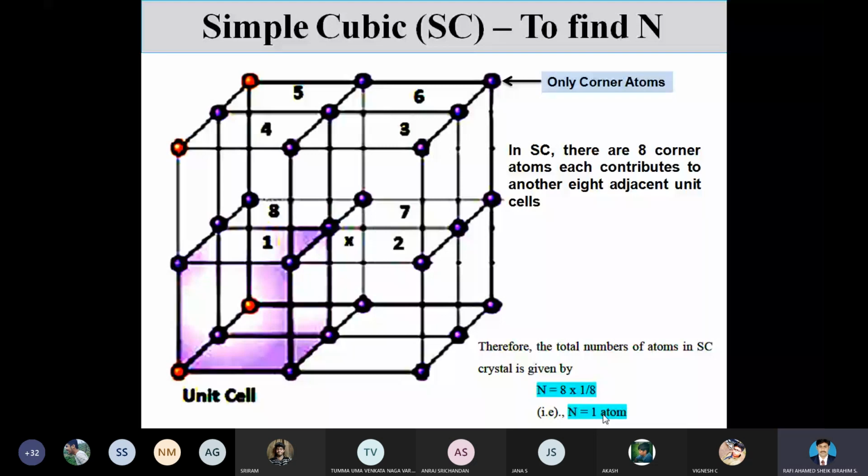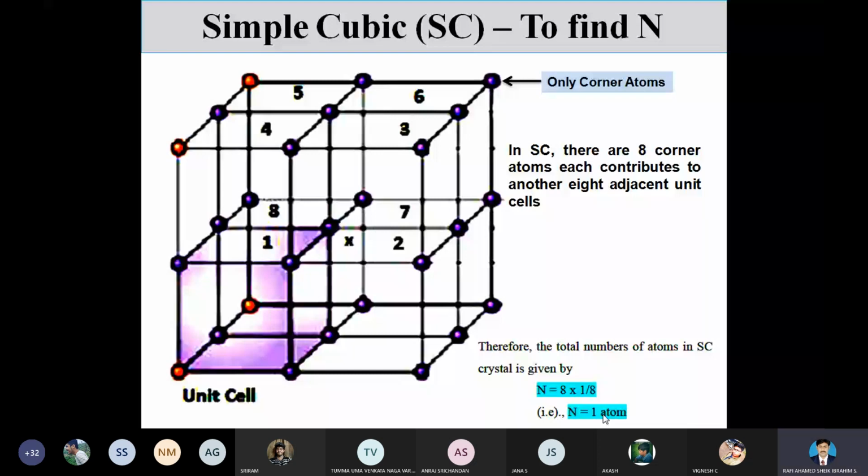So the corner atoms are 8 in a unit cell. If we consider any one corner atom, that corner atom contributes with the 8 adjacent unit cells. So the parameter is n is equal to 8, 8 into 1 by 8, where 1 by 8 is the contribution, the sharing. So N is equal to 1 atom. So we measured the first parameter, N is equal to 1 atom.